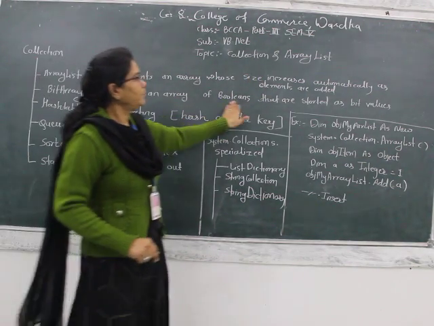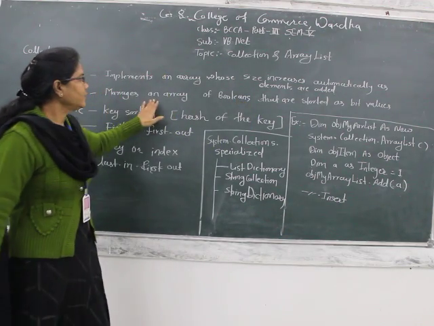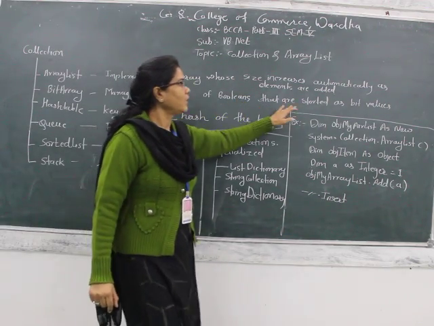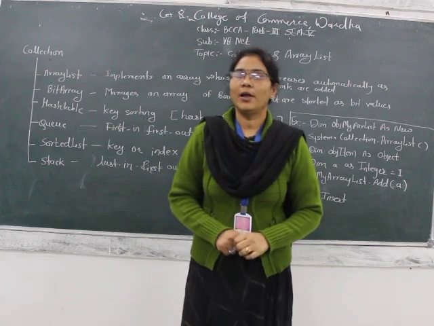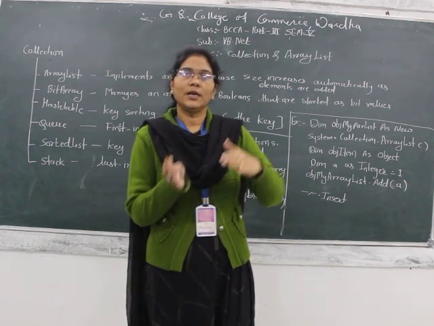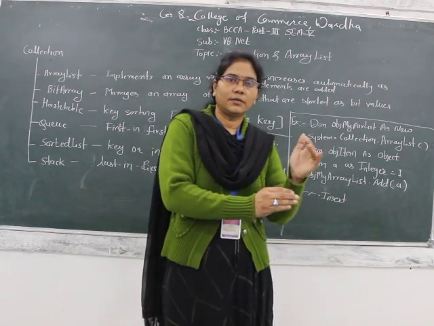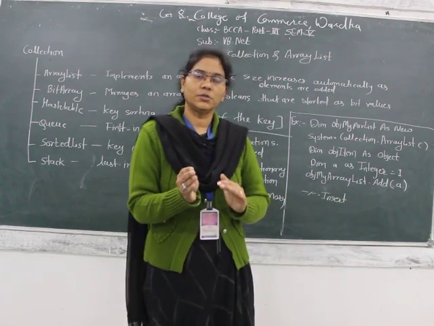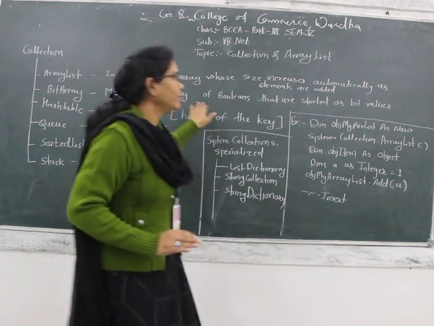Bit array means booleans. It manages an array of booleans that are stored as bit values. Bit value means 0 and 1. So according to the bit values, it stores the values in sorted order with its bit.